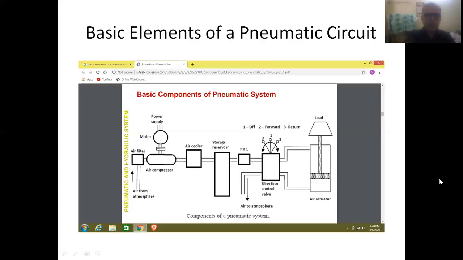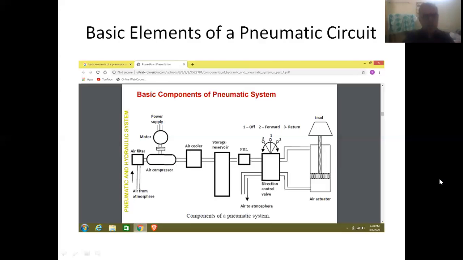And finally, friends, we can see an element that is called an FRL unit. F for filter, R for regulator, and L for lubricator. Now, as the name itself implies, this is the second filter we are placing. We have already placed a filter before the compressor.